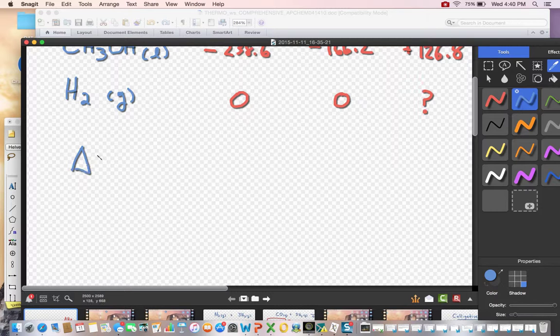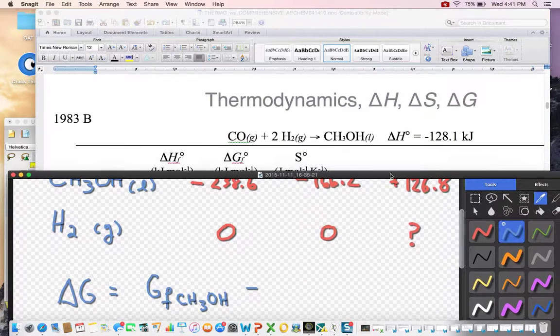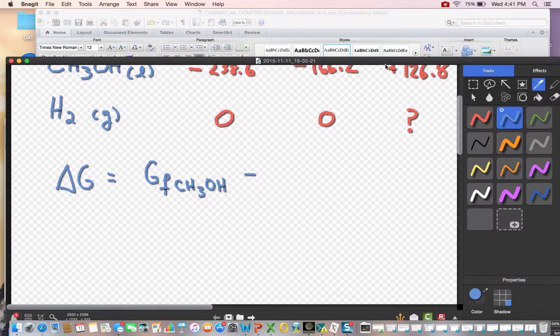Delta G is equal to the G of formation of CH3OH minus, we need to look at the stoichiometry of our reaction. Notice there's 1 mole of methanol, there's 1 mole of carbon monoxide. There's also 2 moles of hydrogen gas, but 2 times 0 will be 0. So I'm simply going to leave this out of the computation.